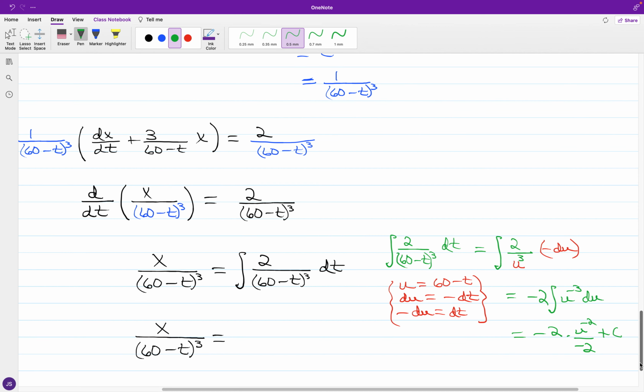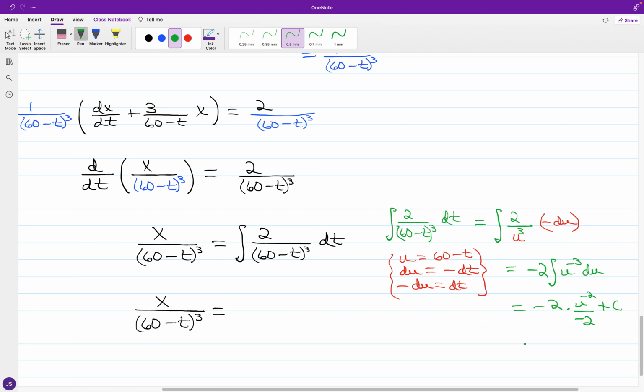So the negative 2's will cancel out, and we have u to the negative 2. Back substituting, we have in essence 1 over the square of 60 minus t, followed by the constant.